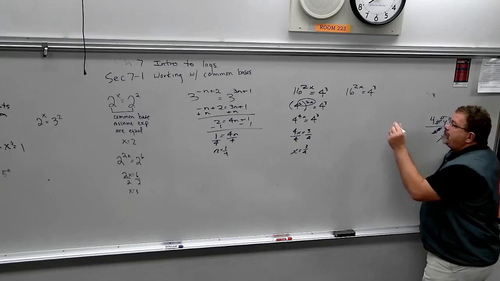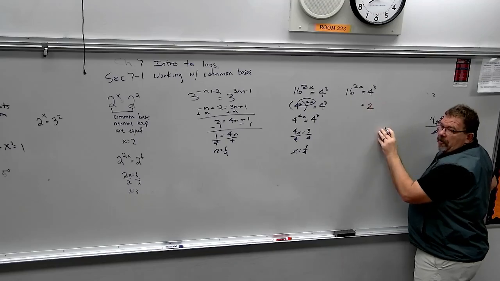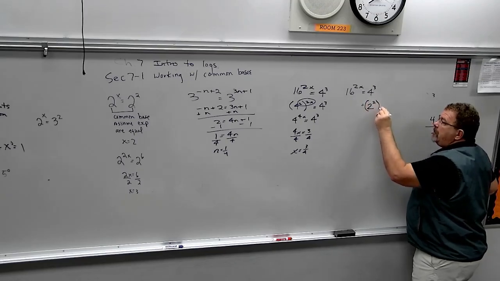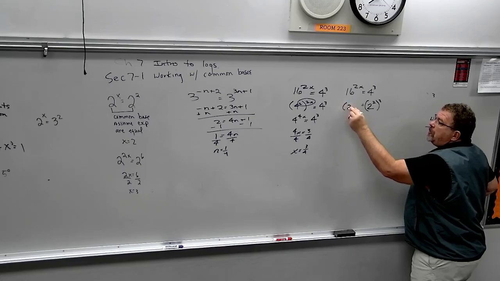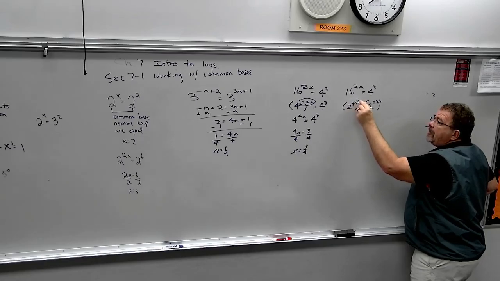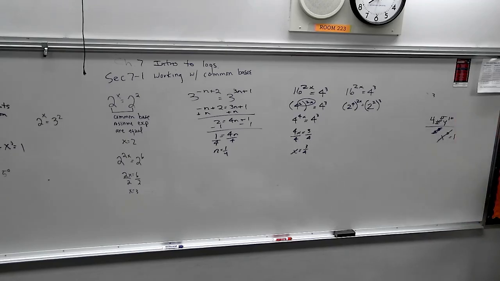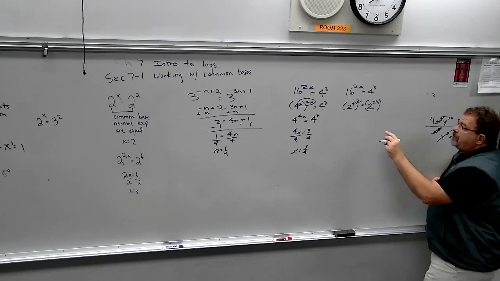How about this? Base 2. 2 to the what is 4? 2 squared. 2 to the what is 16? Nope, that's 8. 4. I could have converted these to base 2s. They both convert to base 2. Watch what happens.